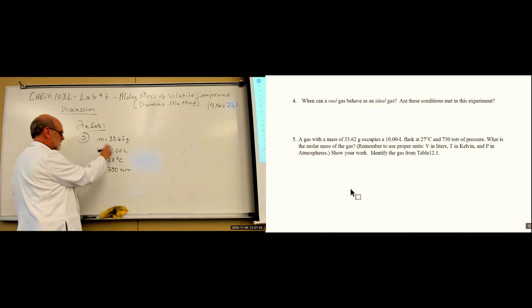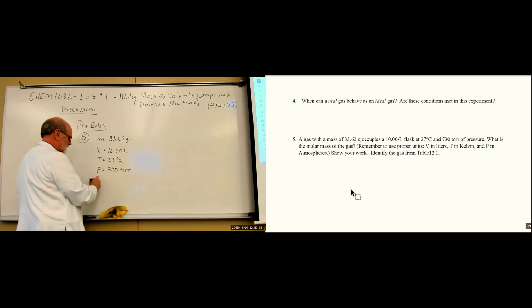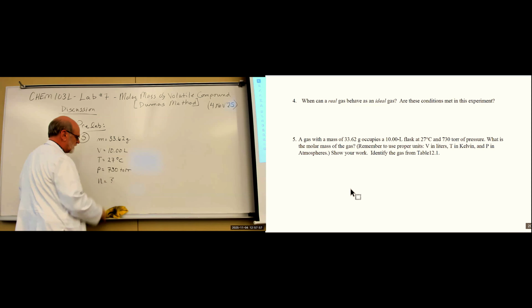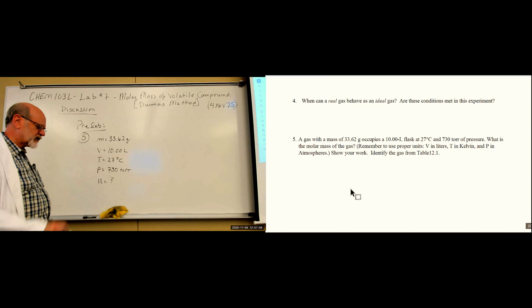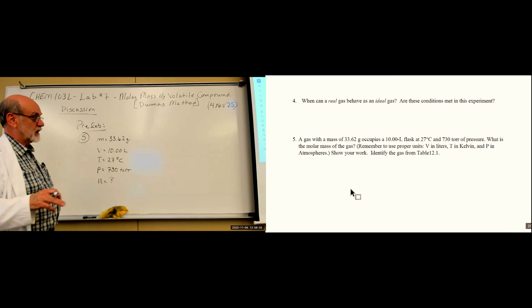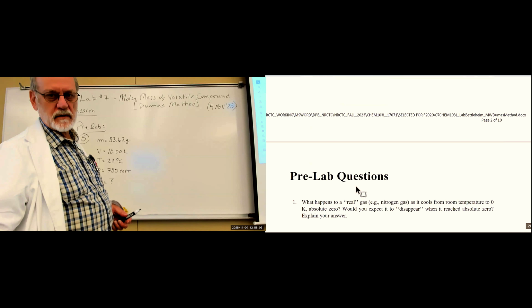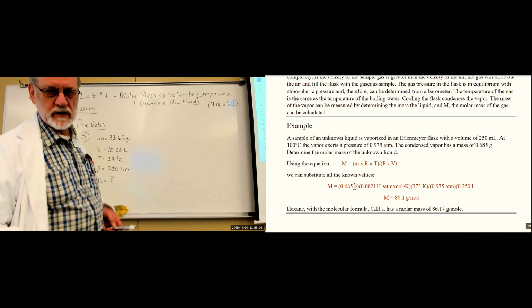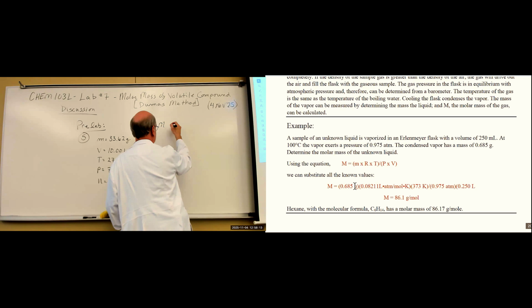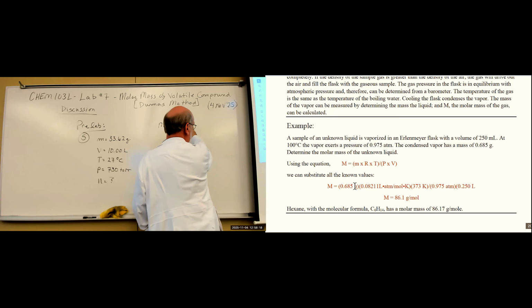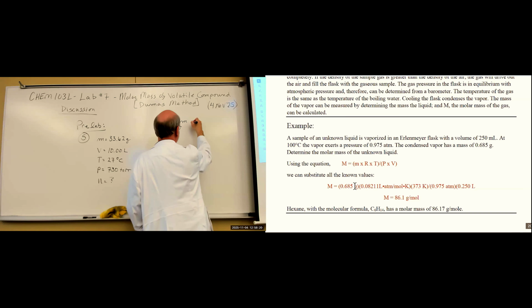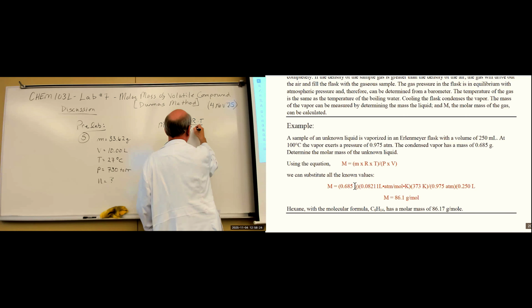We've got the mass of the gas, we've got volume, temperature, pressure, and the moles are unknown. So if we're going to use our equation, we want to go back to this equation right here. Molar mass, I do it that way, is the mass of the gas times R times T over pressure times volume.